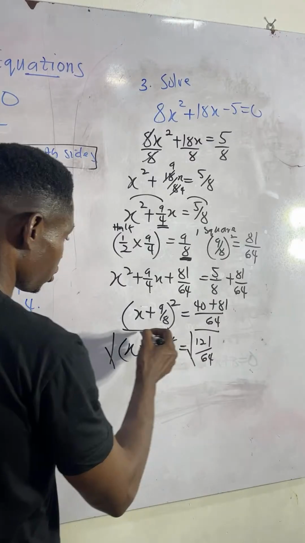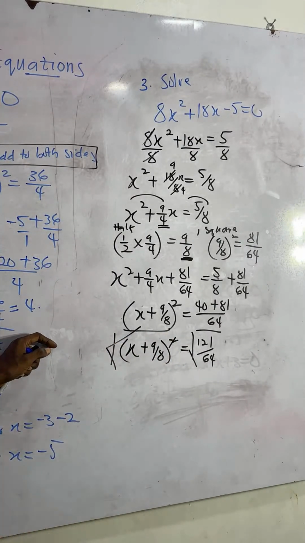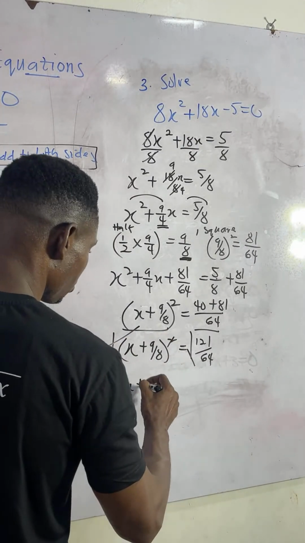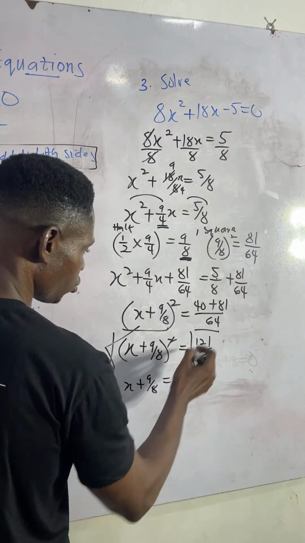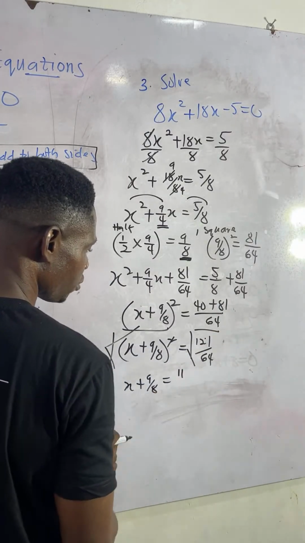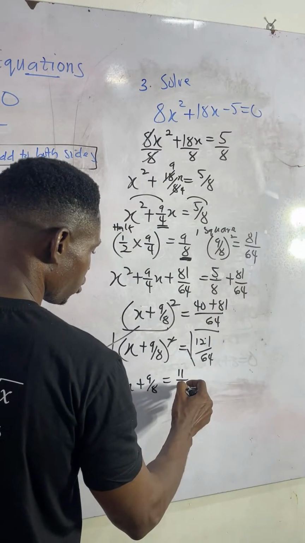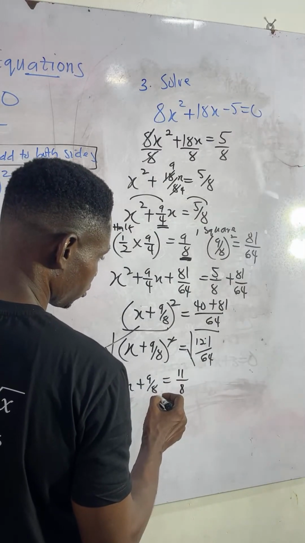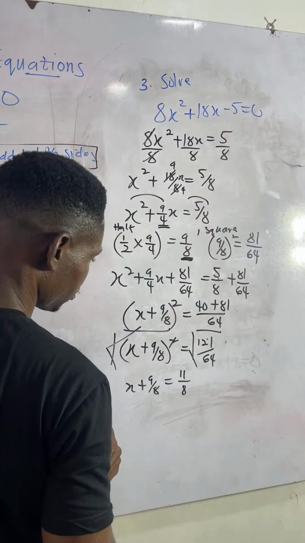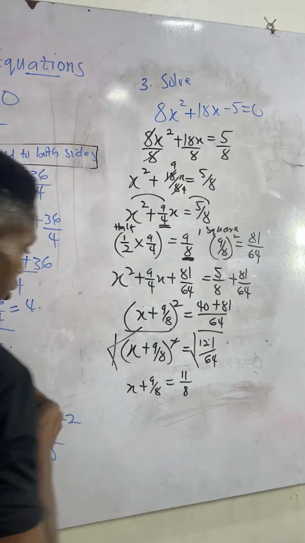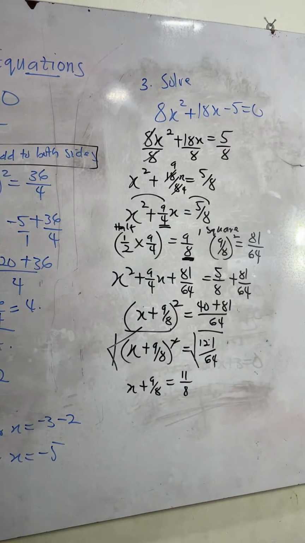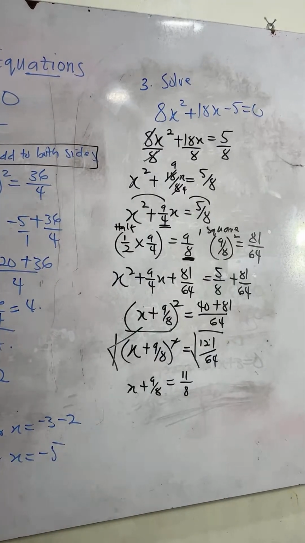So this can cancel this, and then we'll have x plus 9 over 8 equal to square root of 121 is 11, while square root of 64 is 8. Okay, can I go down or I come up here? I can continue. Okay, come up, right?